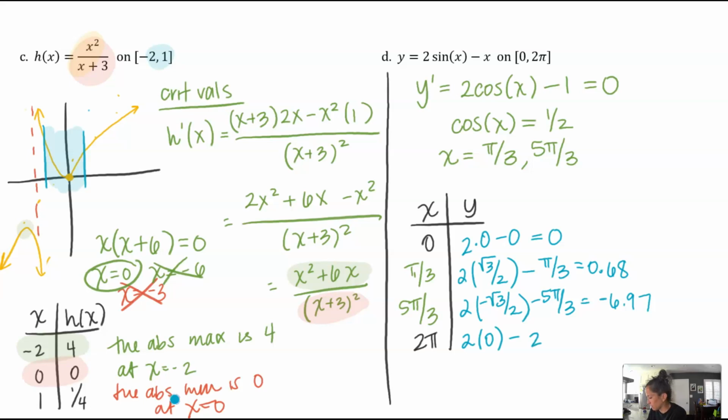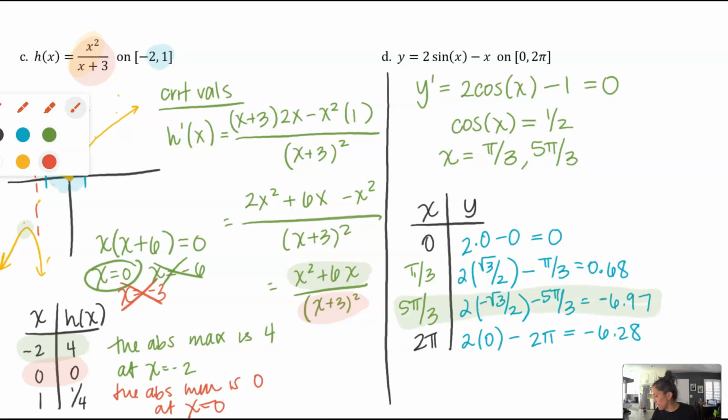Actually, I don't need to do anything because I should be able to do 2 pi in my head. It's really 3.14 times 2, which is 0.28. There you go. So as expected, we've got our maximum and we have our minimum. Boom. We should write those sentences.